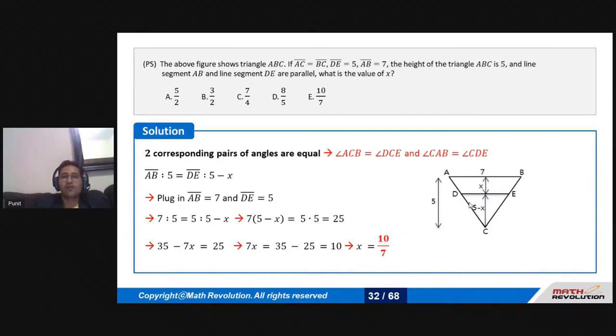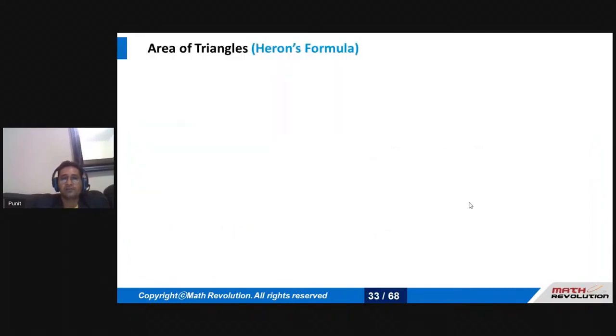So we have 7 is to 5 equals 5 is to 5 minus X. Solving this part is not difficult. 7 times 5 minus X would be equal to 5 times 5, which is 25. 35 minus 7X equals 25. So 7X becomes equal to 10. So X is equal to 10 over 7. So this is a property of similar triangles. So E is the correct answer.